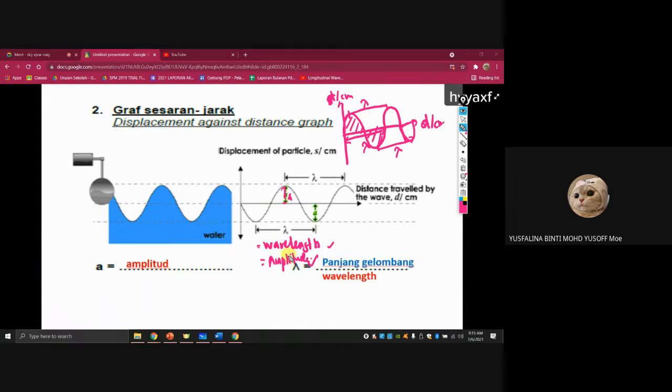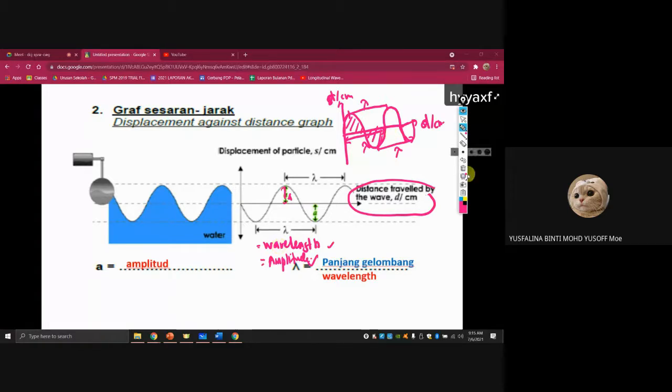So you have to see first what the x-axis is, before you decide how to find wavelength or period or frequency.